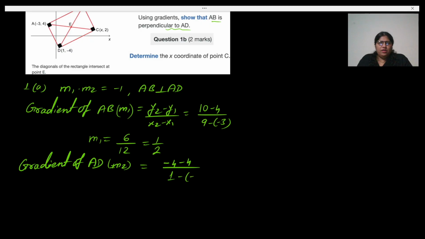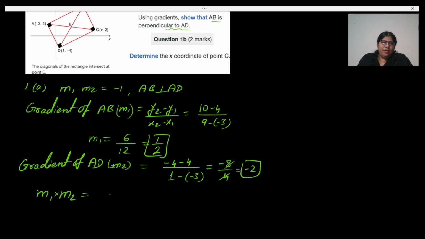So 1 minus of minus 3 is 4, giving minus 8 by 4, which is minus 2. So here you are getting half and here minus 2. So M1 times M2, half times minus 2, is nothing but minus 1. So this shows that AB is perpendicular to AD.